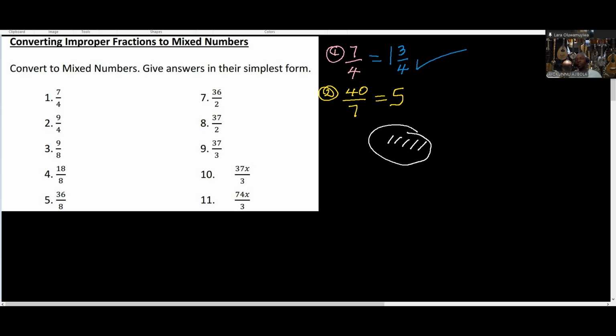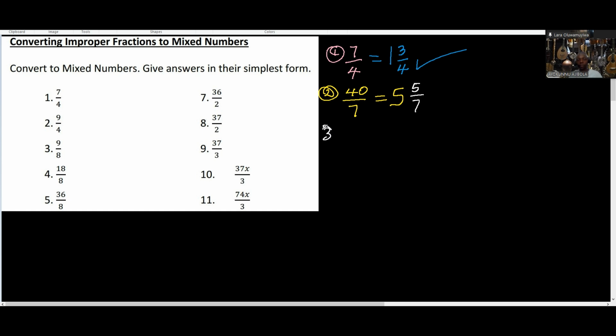So that 5 that remains is going to be our remainder over 7. Is that clear? That will be remainder 5 over 7. Why? Because 7 times 5 is 35. So remove 35 from 40, you have 5 over 7.